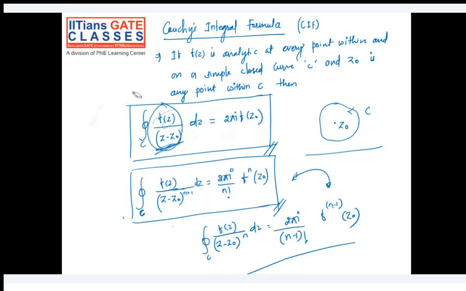In such cases, you should use this formula: 2 pi i f of z naught, or 2 pi i by n minus 1 factorial f raised to power n minus 1 at z naught. So let's take some questions to understand this topic in more detail.